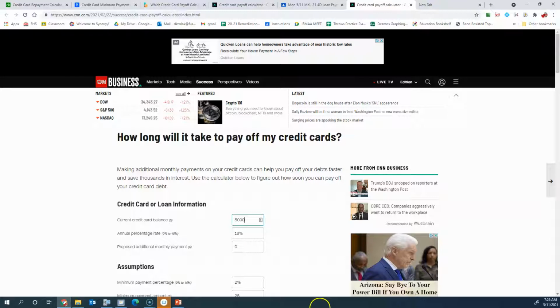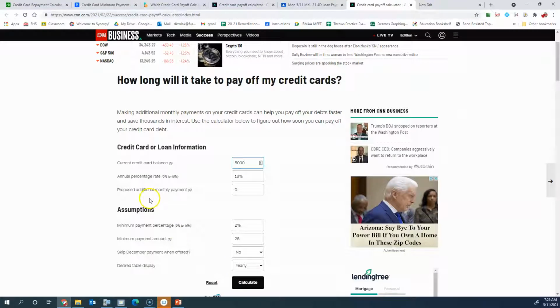All right, so right now we're not going to put anything additional towards our monthly payment other than just the minimum. Most credit cards, and it depends on the credit card, have a minimum payment of 2%.